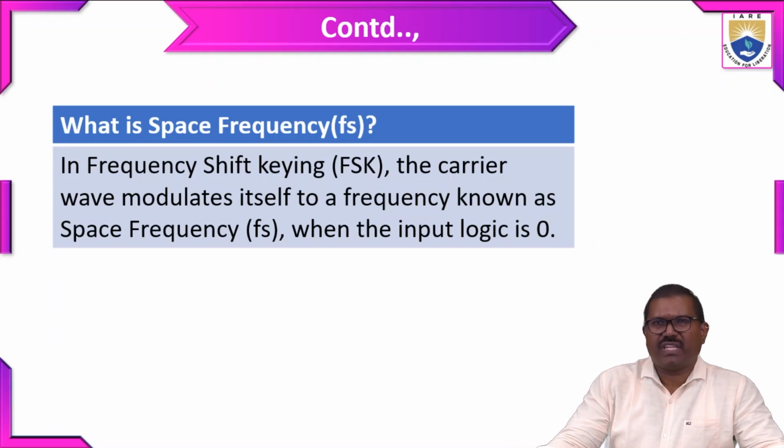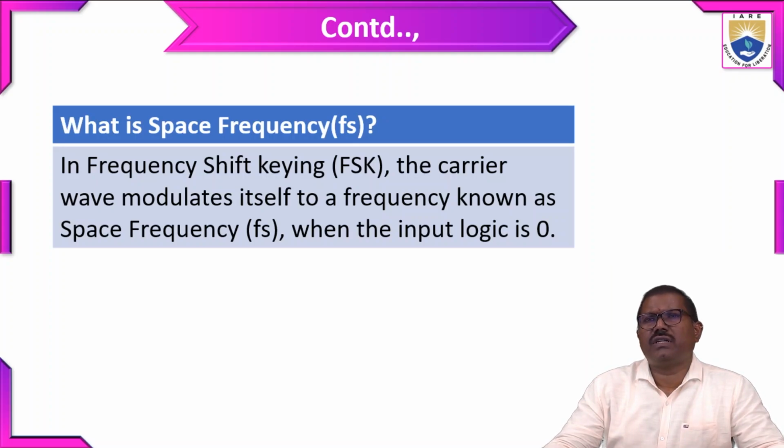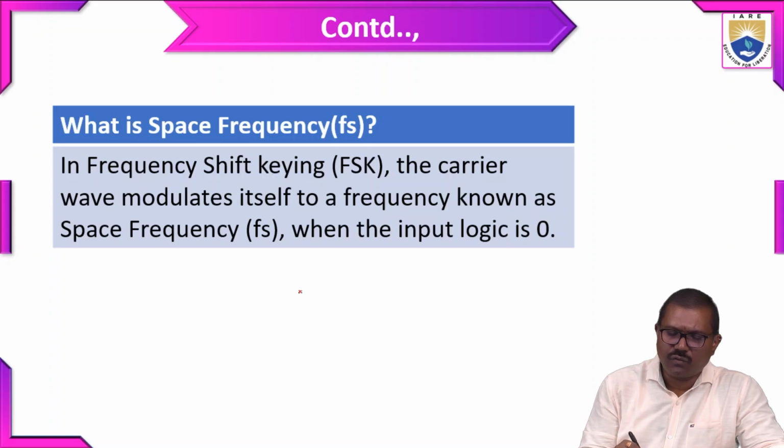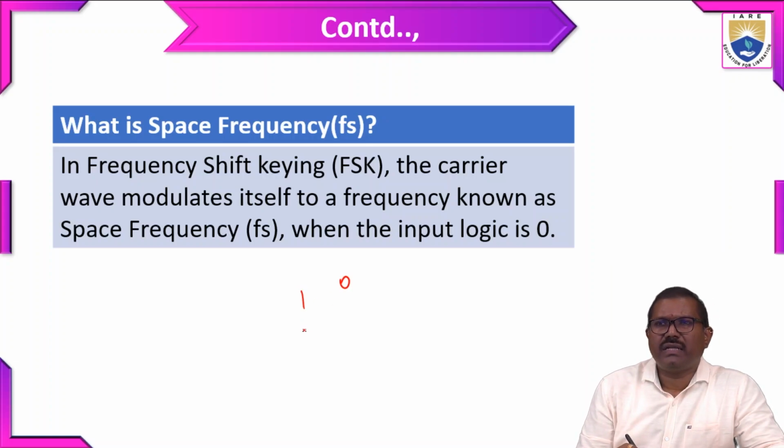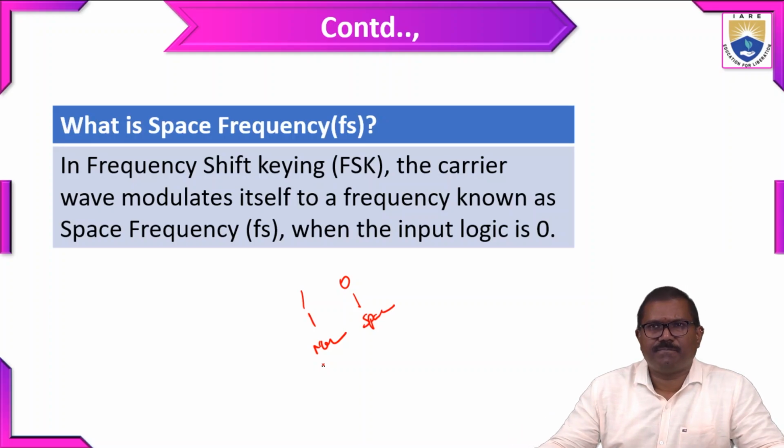In FSK, the carrier wave modulates itself to a frequency known as space frequency when the input logic is 0. Why? Because here we have only 1 and 0. As I already said, symbol 1 has a different frequency and symbol 0 has a different frequency. So the frequency at symbol 0 is the space frequency, and the frequency at symbol 1 is the mark frequency. That is how the names are given.